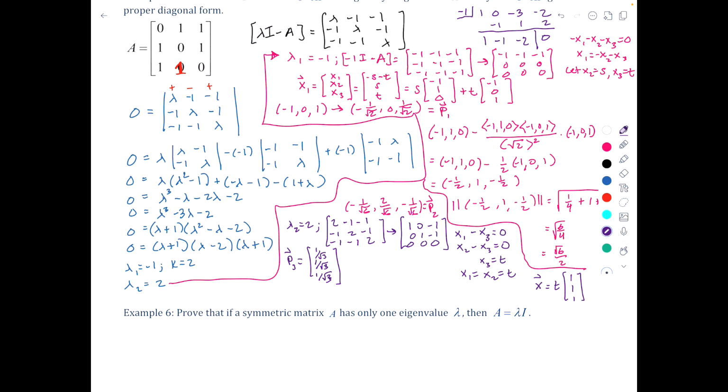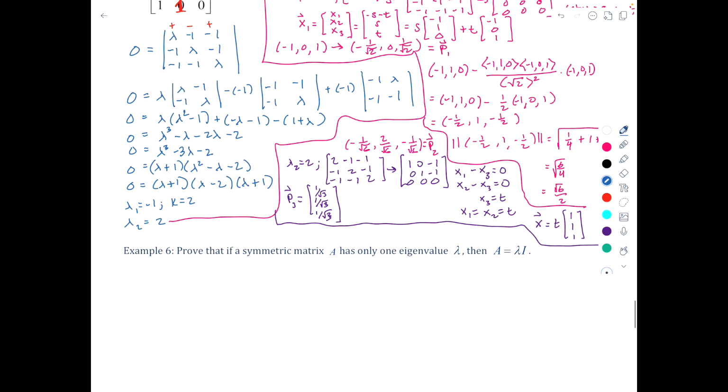And then finally, for the end result, our matrix P that diagonalizes A is P1, which was negative 1 over root 2, 0, 1 over root 2. That was over here.